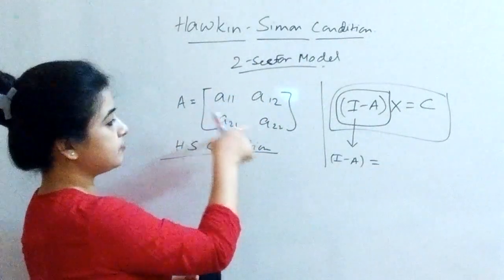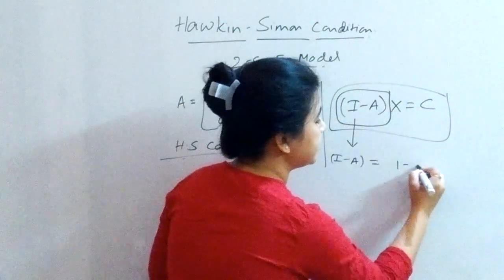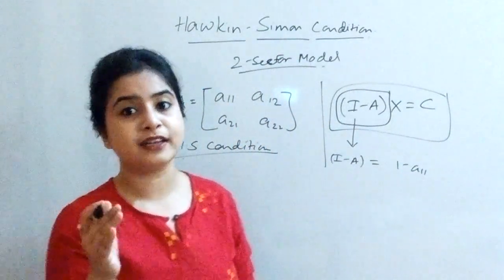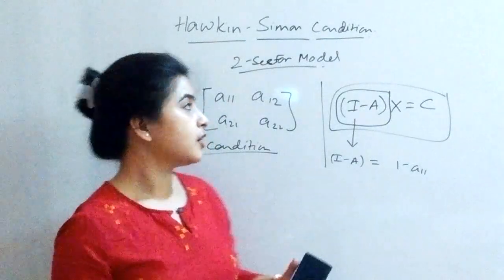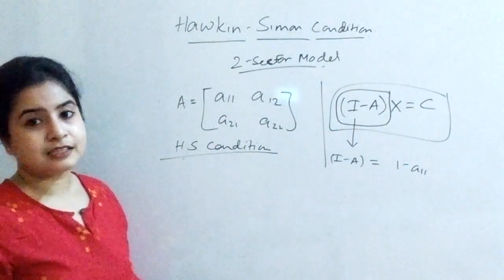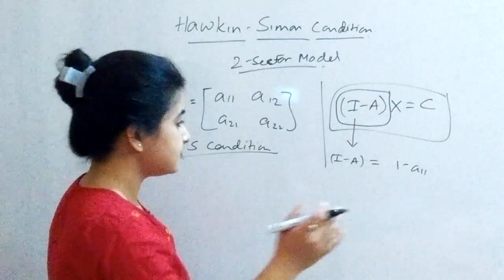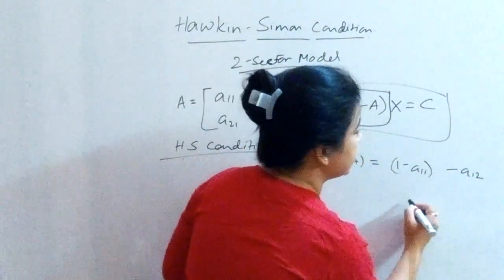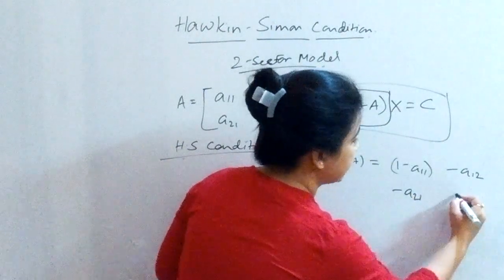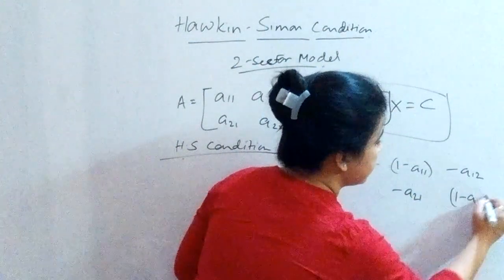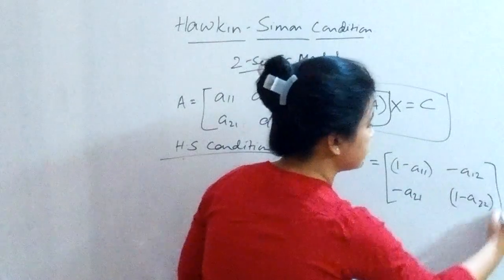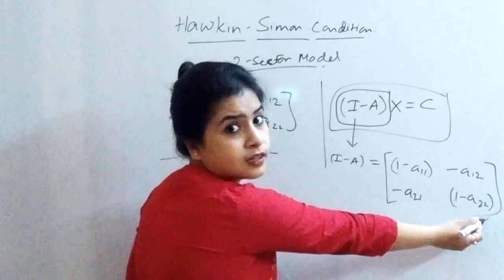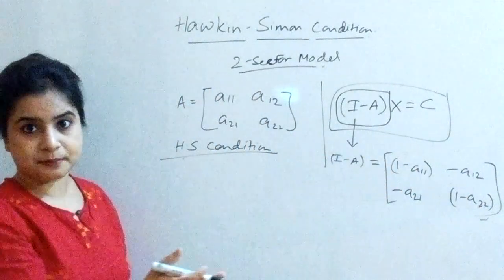I is the identity matrix, and it will be of order 2 cross 2 because the input matrix is of order 2 cross 2. Here it will be minus A12 and 1 minus A22. So this is our matrix for I minus A.